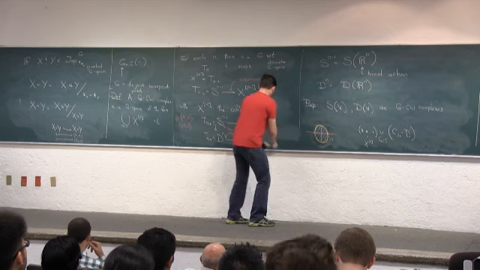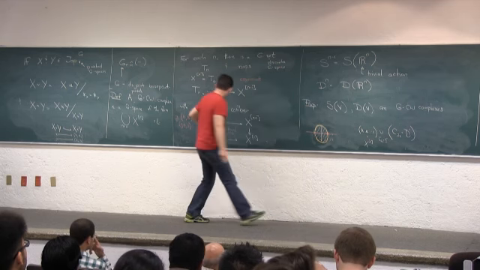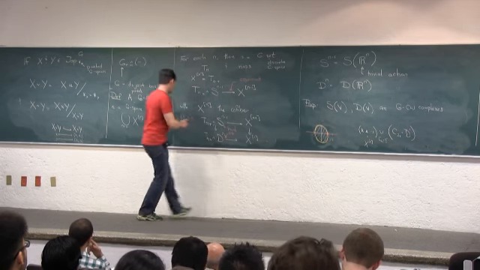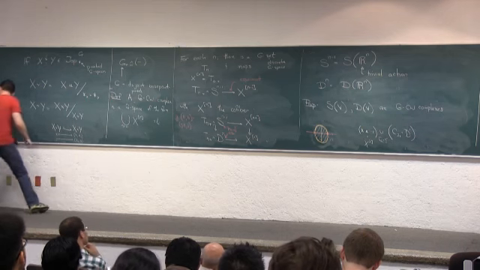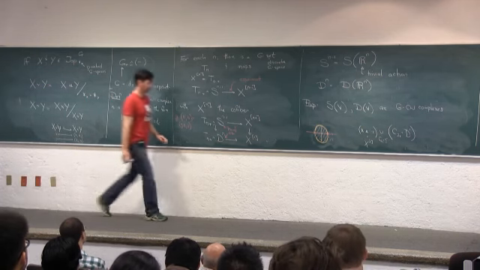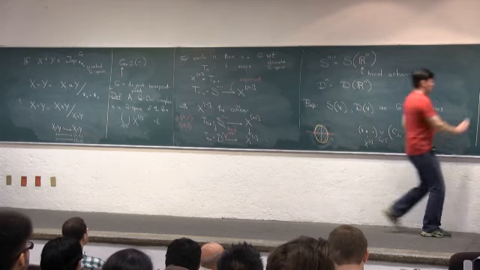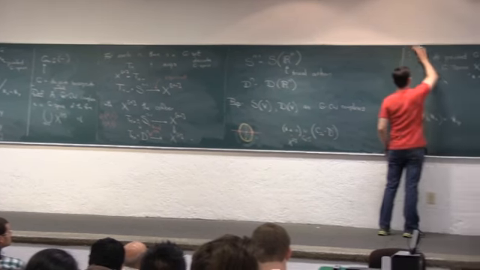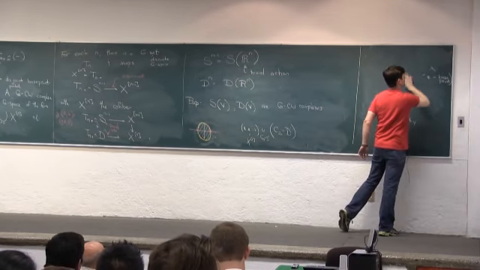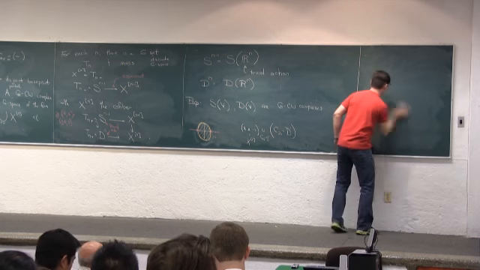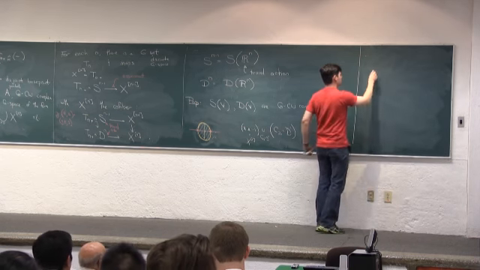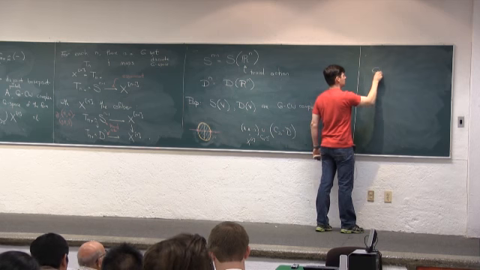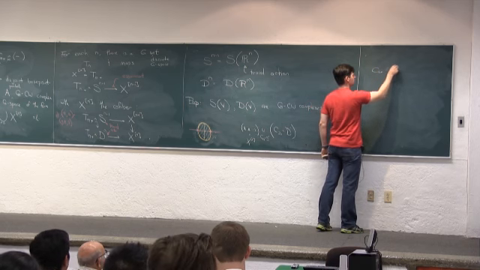So if I wanted to be more pedantic and actually write out exactly what's happening here, then the map I have is supposed to be C2 plus smash the zero sphere.